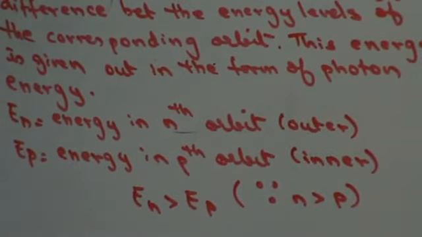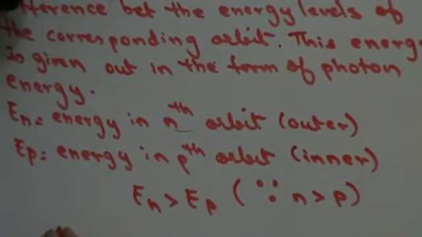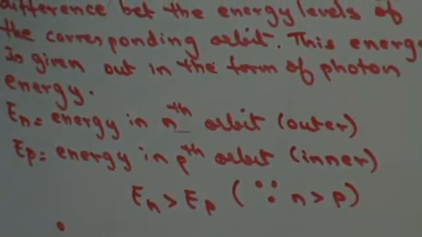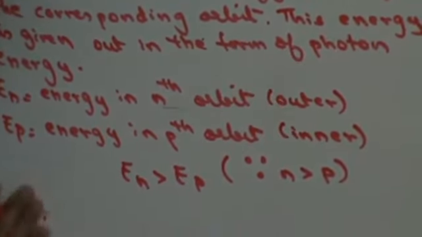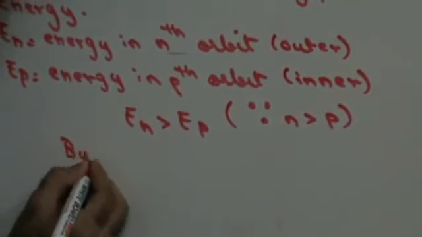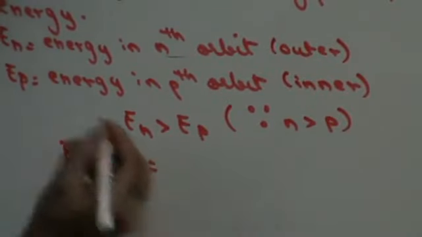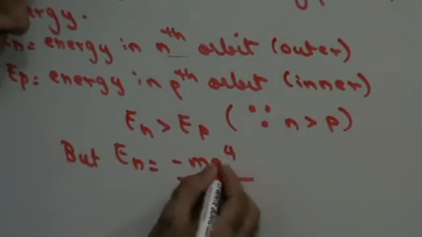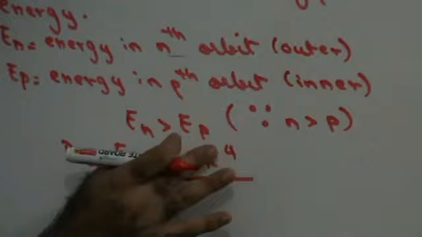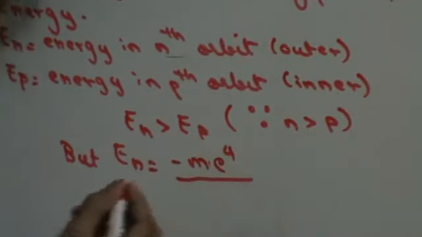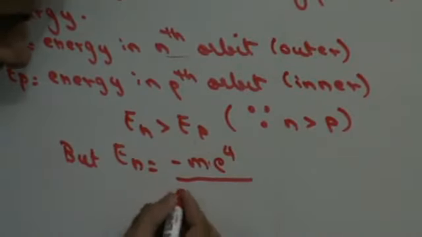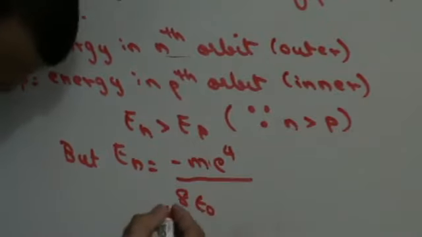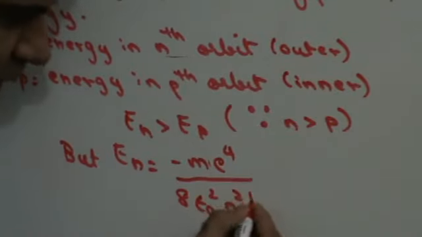Now, we have already found out how much is the energy in a particular orbit, but I can say that energy in the nth orbit is minus me^4 upon 8 epsilon 0 square n square h square.